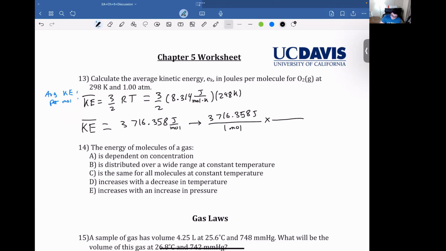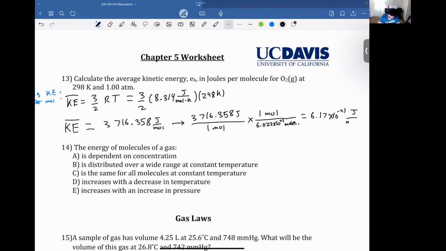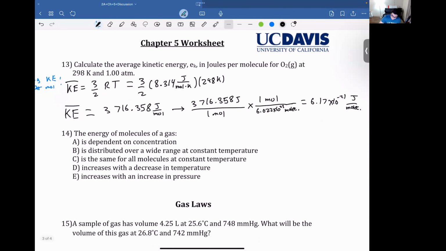So for every 1 mole, I have 6.022 times 10 to the 23rd molecules. Then we get 6.17 times 10 to the negative 21 joules per molecule. So every O2 has 6.17 times 10 to the negative 21 joules of kinetic energy.